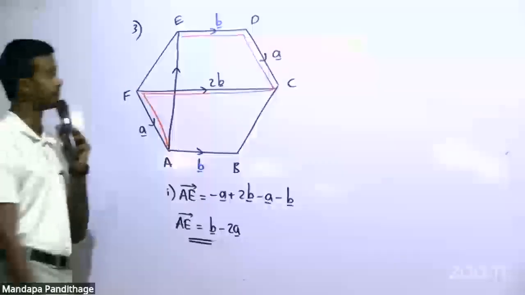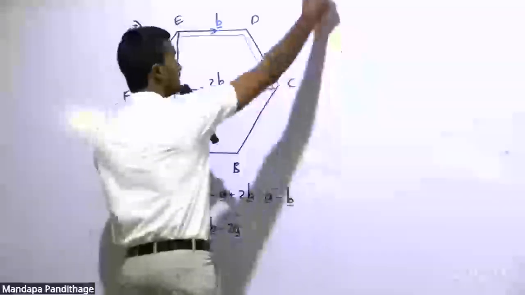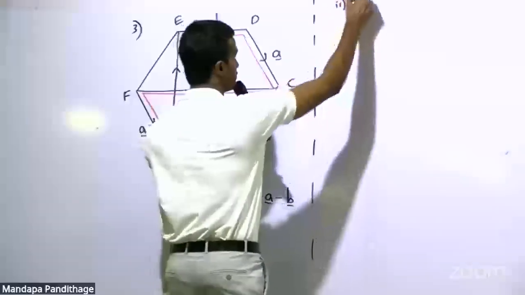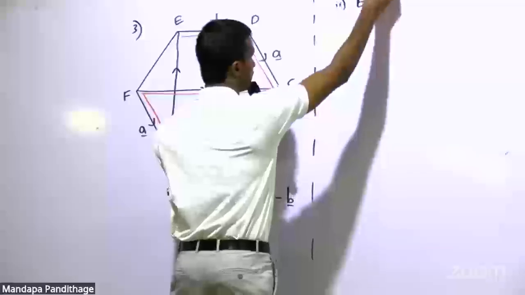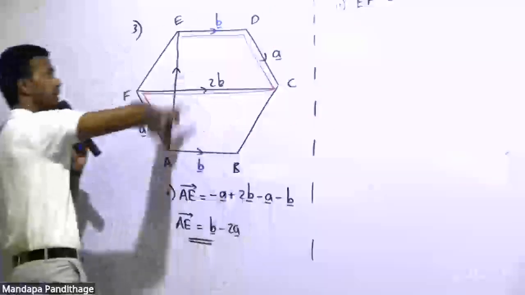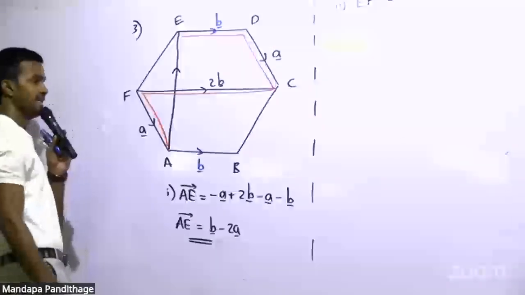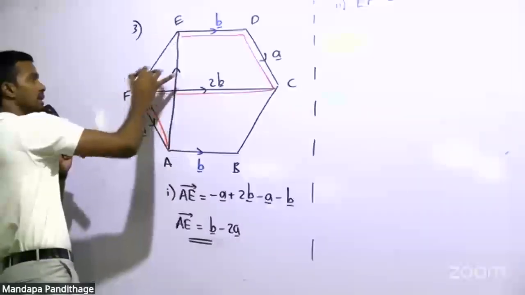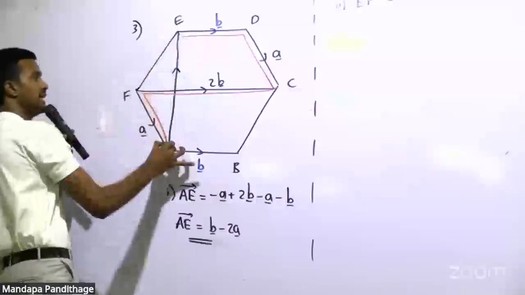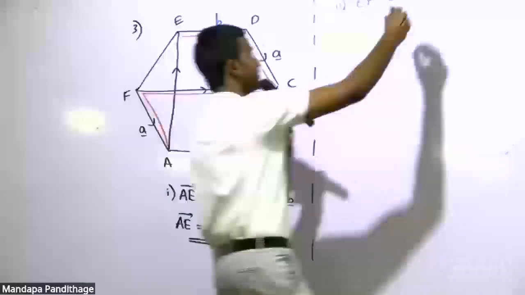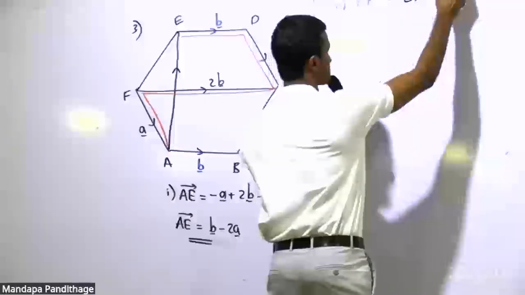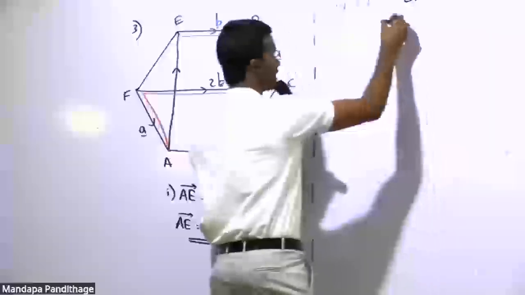Second one, EF. Then you have to find EF. Since I have already taken AE, start from E and come to F. So that is EA plus AF. What is EF?